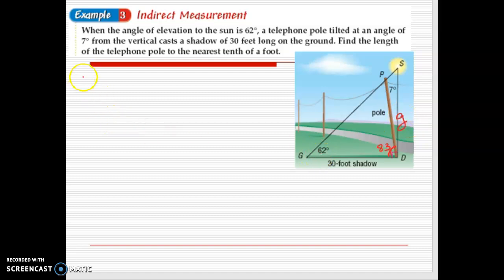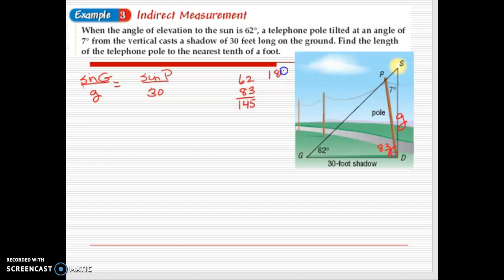So your sine of g over that small g, the length of the pole, would equal this angle right here, sine of p, over that 30-foot shadow. So if we've got right here 83 degrees, 62 plus 83 gives me 145.